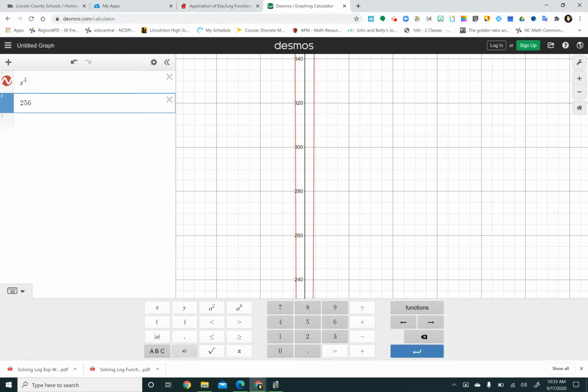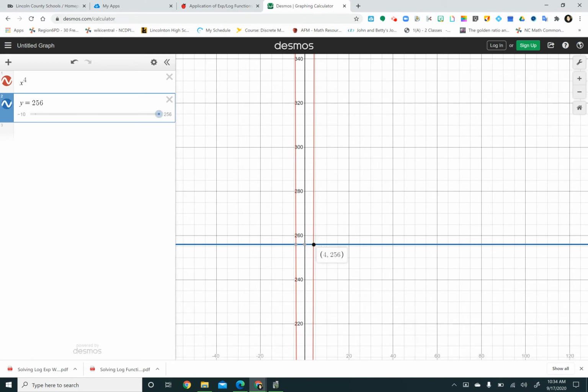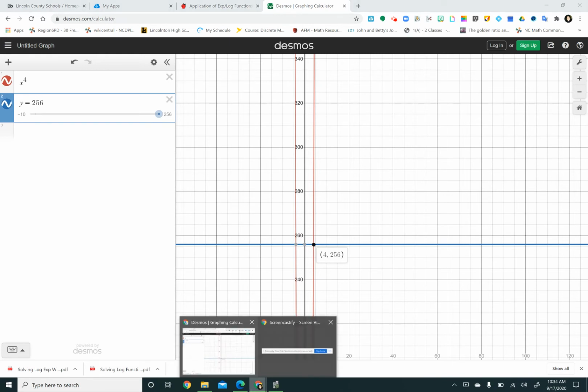There's the dot there. And so then the answer is 4. So doing the left-hand side and the right-hand side in your calculator or in Desmos is what you would do, okay? That's how you would solve any equation, once you get it into something that you can solve.